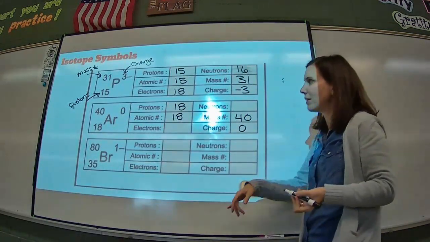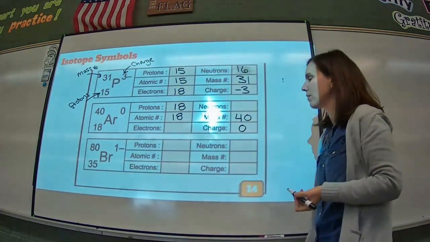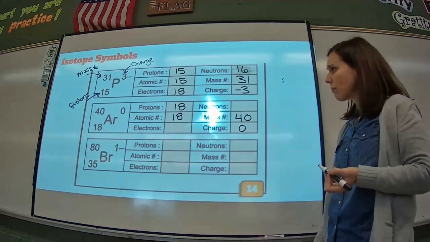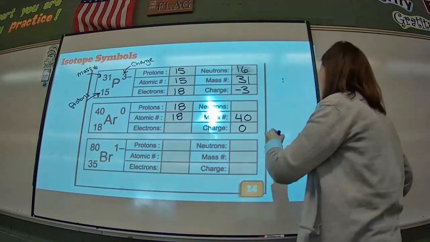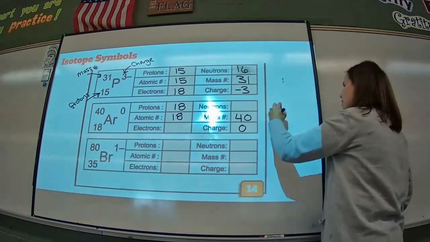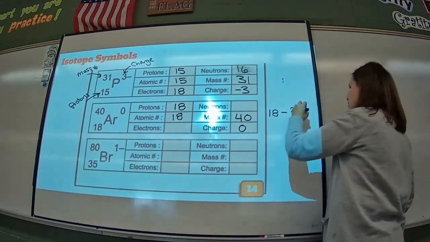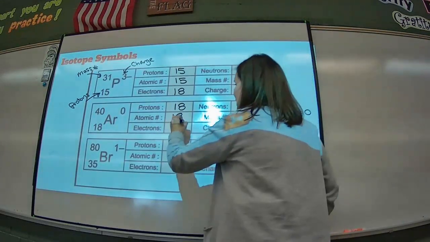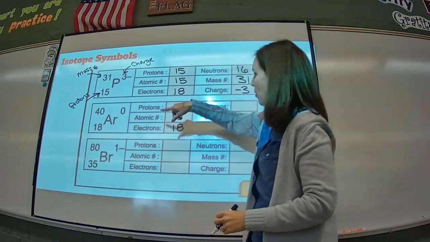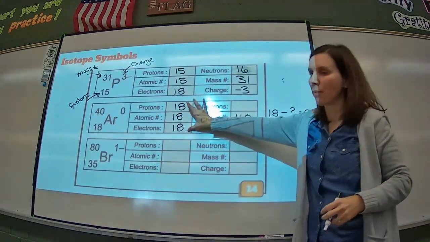It's not an ion, so this is a neutral atom, no charge. Electrons are going to be really easy this time because our charge is 0, right? 18 minus my number of electrons equals 0. So 18 minus what is 0? It's 18. So when the charge is 0, protons and electrons are the same amount.